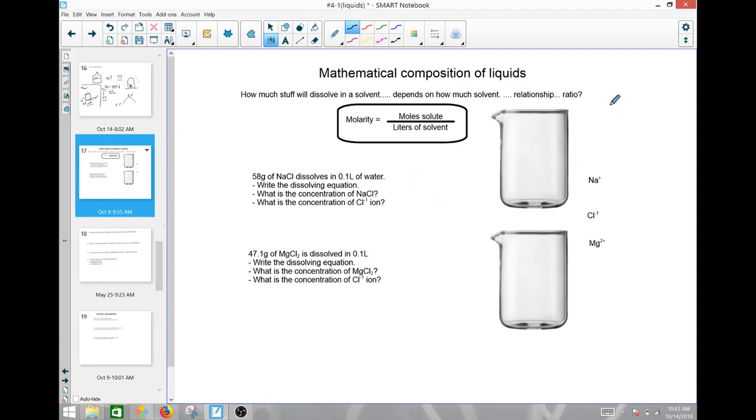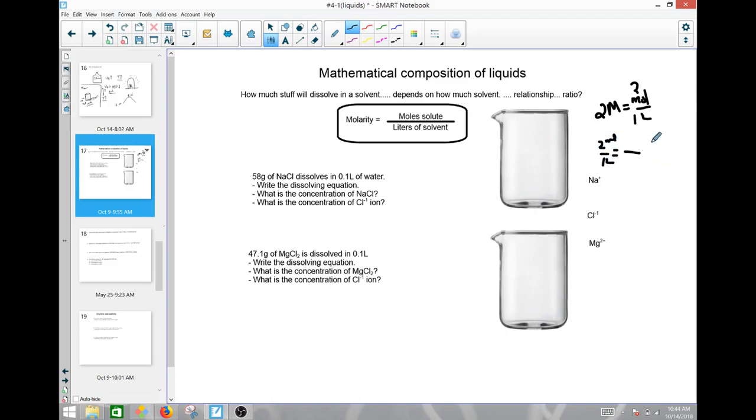For example, if we have something that's 2 M, capital M means 2 moles per liter. This is a fictional example per 1 liter. This is 2 moles in 1 liter. And again, it's just a relationship. It's a linear ratio.